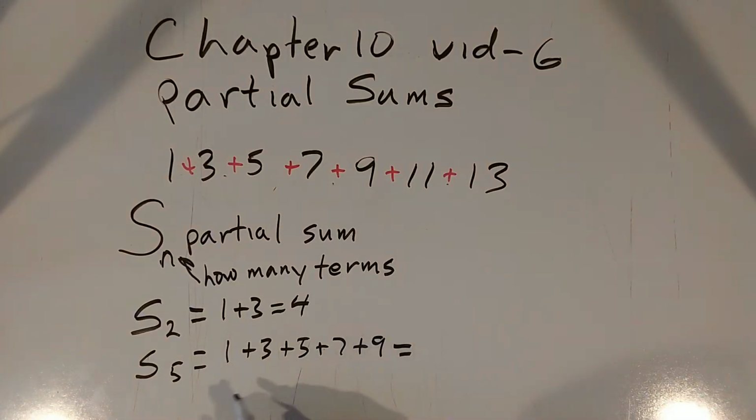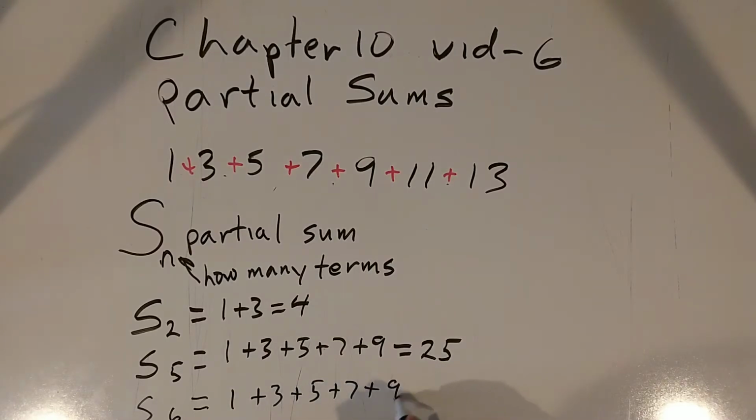And that gives me 25. And S sub 6 would give me 1 plus 3 plus 5 plus 7 plus 9 plus 11, which would be 36.